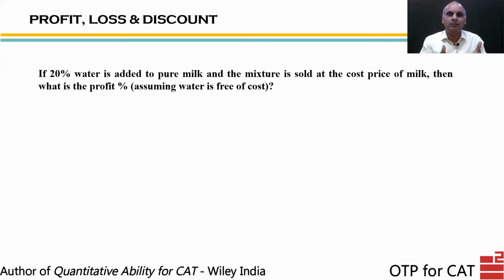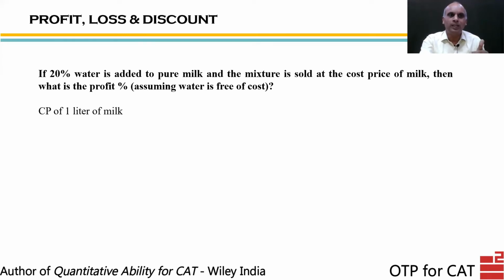Or does this sentence mean that in 100 liters of mixture of milk and water, 20 liters is water, and that would mean 80 liters is milk? So what do you think is the correct interpretation? The correct interpretation is the first one, in which I said that we have 100 liters of pure milk, to which I'm adding 20% water. And so what do we get? We get 120 liters of the mixture if 100 liters of milk was there.